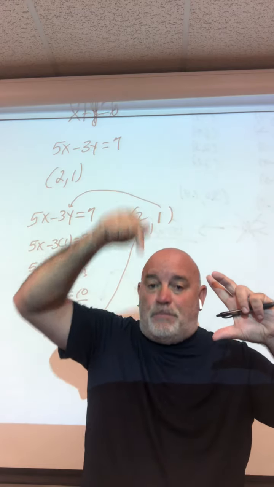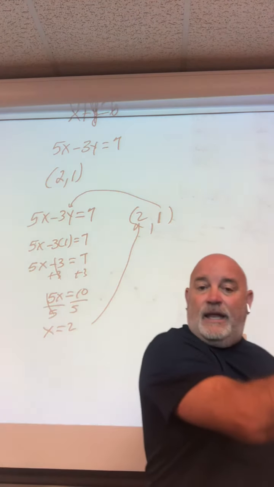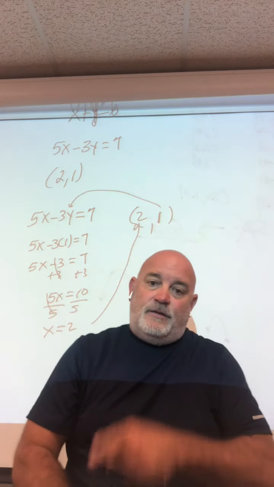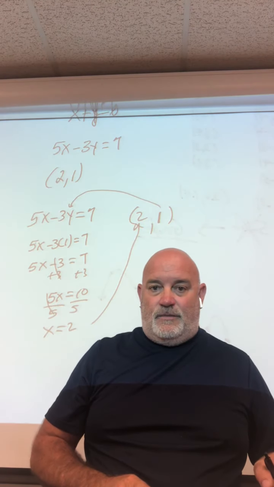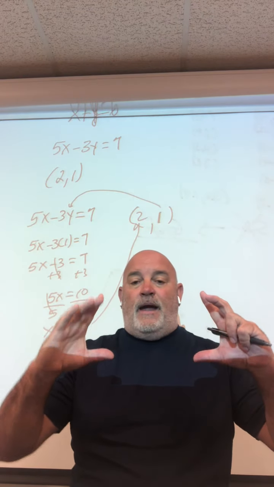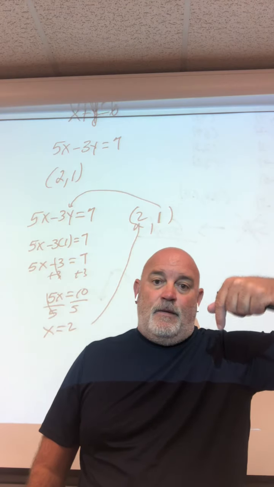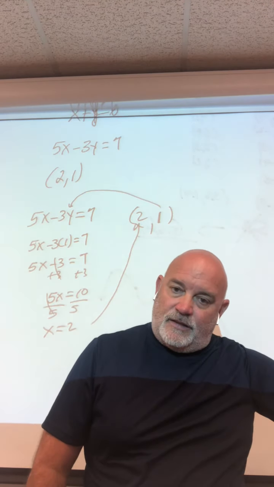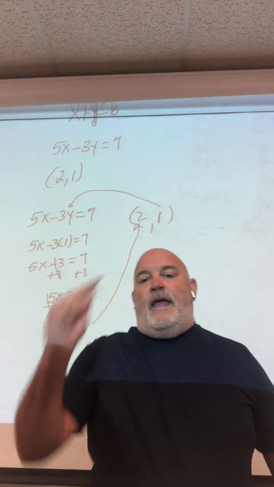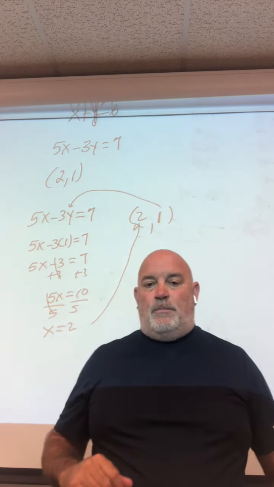But once you pick that number for x, plug it into your equation to find the y that goes with it. Or you could take your ordered pair, pick any number you want for y, plug the number into the equation, and then find the x. That's how you find ordered pairs.